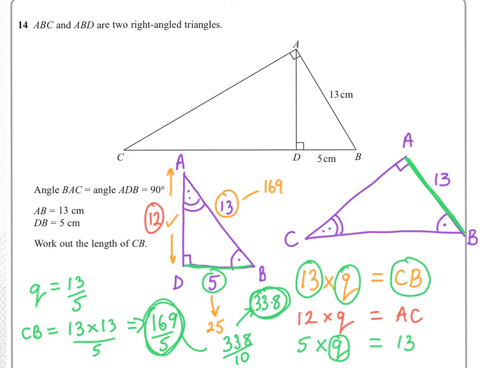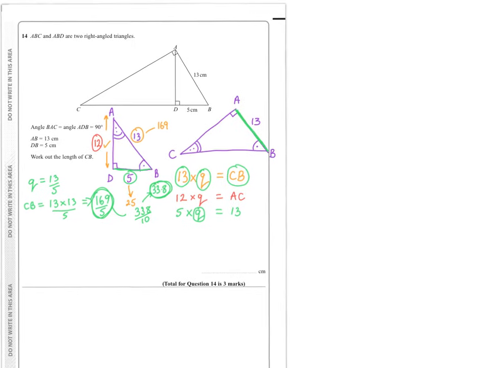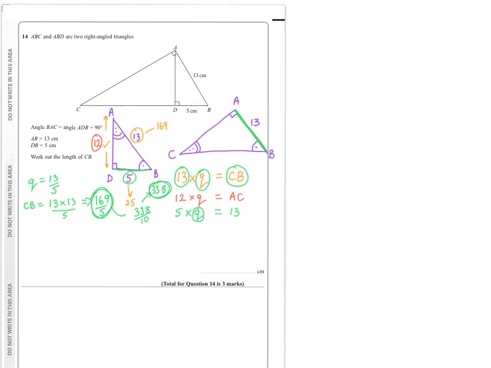Also looking at the question, if you couldn't spot similarity, I'm going to dare to try and do it another way, which seems logical in a way. Don't be too worried thinking you have to do everything the same way. But if you look at this triangle again, and you call this distance, say, x from there to there, then you know that this was 12 from before.